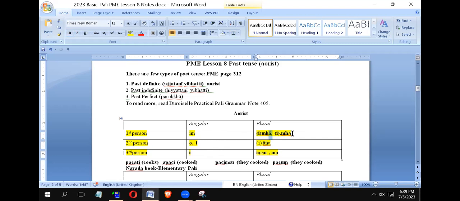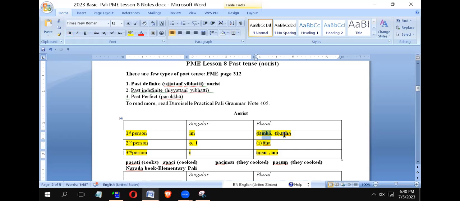Yes, Sumita asks: imha or imma, do you pronounce it as imma or should it be imha? I pronounce it in the Burmese way, with the m. The h is a kind of ha sound, half, so it will be imma. That's the Burmese way, but I think in Sri Lanka they pronounce imha. Up to you. I pronounce the Burmese way because here used to be Burmese.